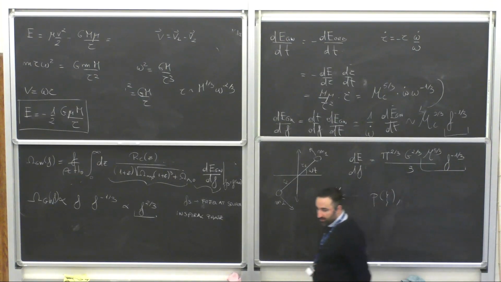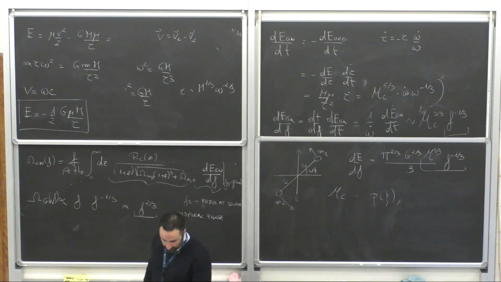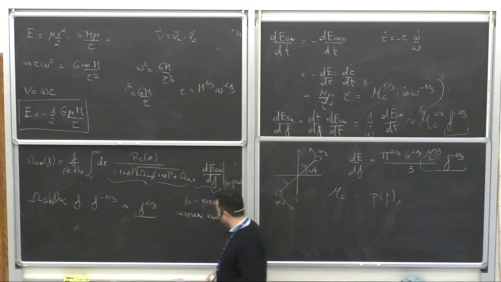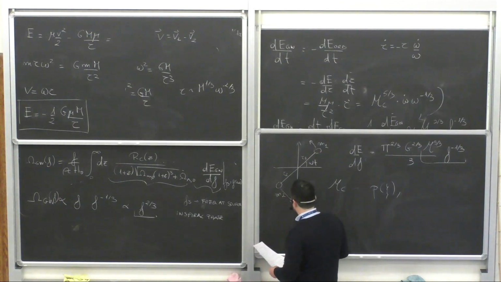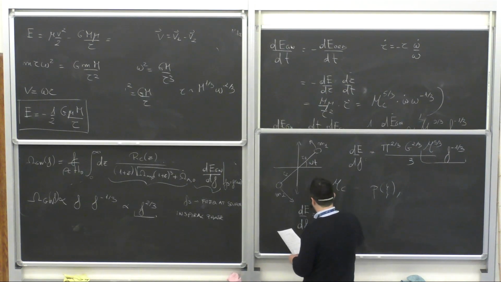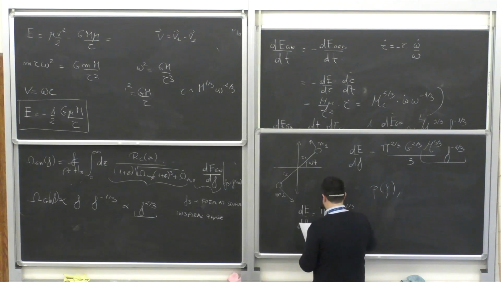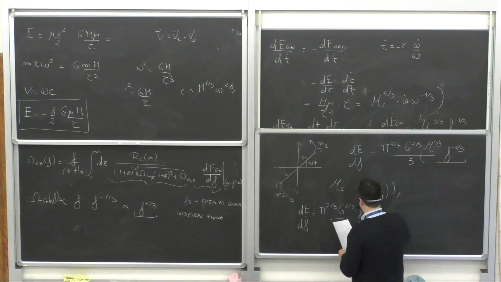So if you want to write, for instance, the equation including the dependence on the other parameters, okay? Of course your d over df will be the following: g to the 2/3 over 3 f to the minus 1/3.